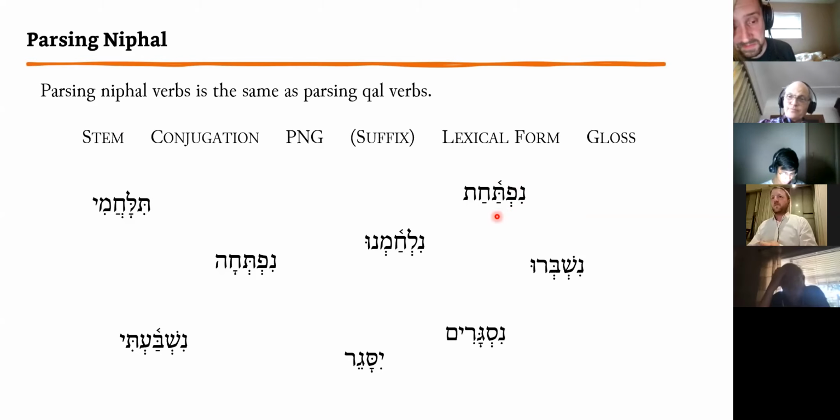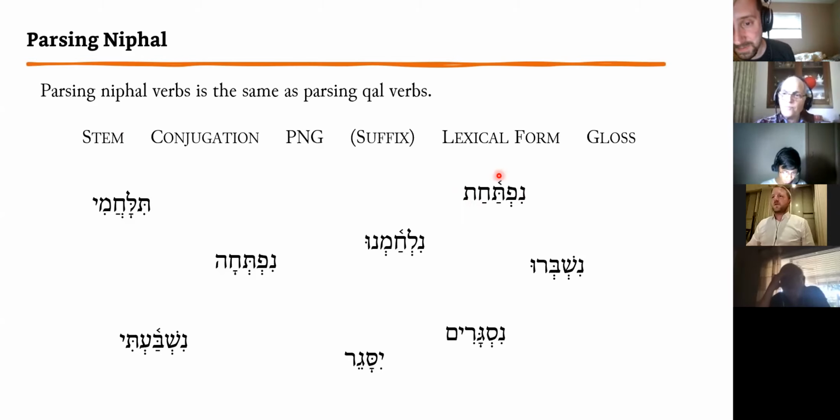Okay. Good. So Niphal, participle. You said it's feminine singular. There's no first, second, or third in participles. And the gloss? Patach. So she was opening, or not? Sorry, it's being open. So it was being open, probably, but not in the past.